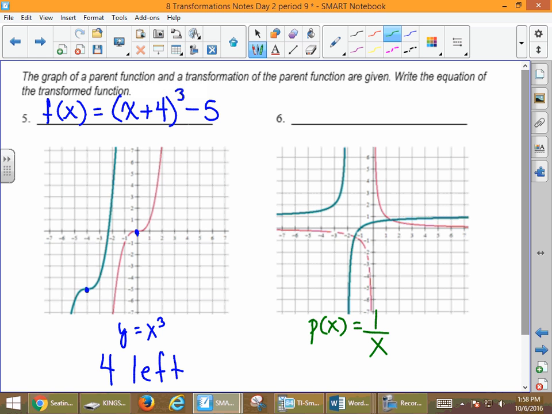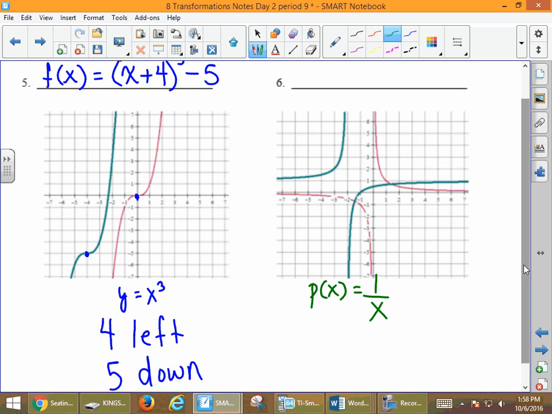In fact, our parent graph never touches the y-axis, nor does it touch the x-axis. So what I like to think about on this graph is, where did those asymptotes move to on our graph?